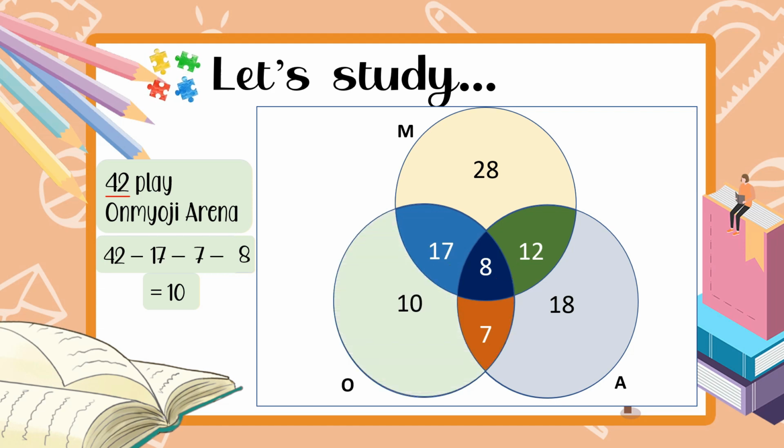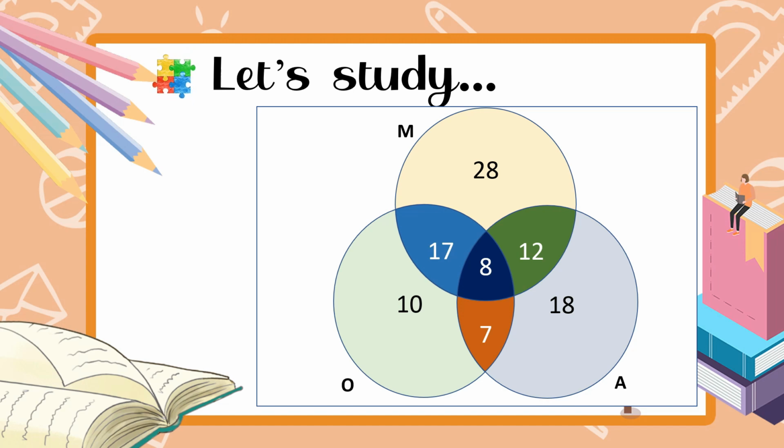So, there are 10 who play OmniOG Arena only. And kapag inadd mo itong lahat sa OmniOG Arena set na ito, the answer will be 42. Ayan. So, nakompleto na natin yung ating Venn diagram.